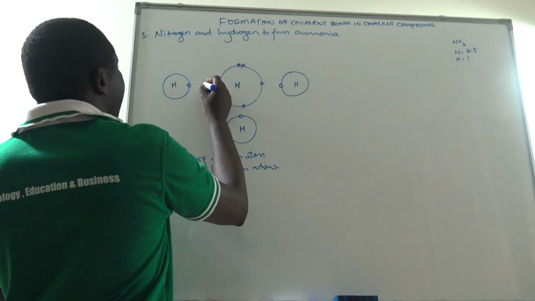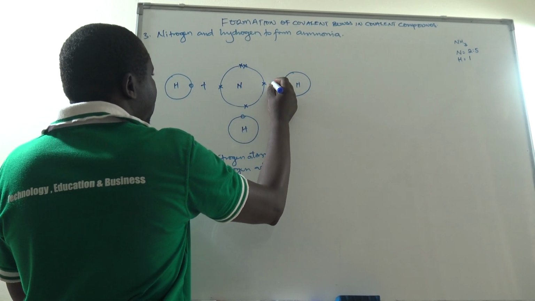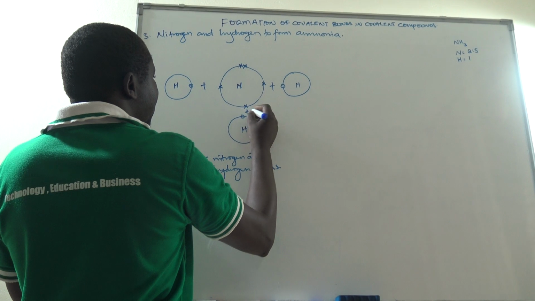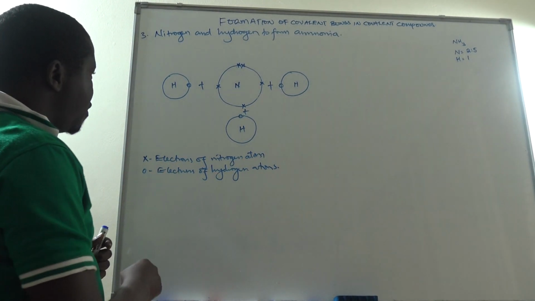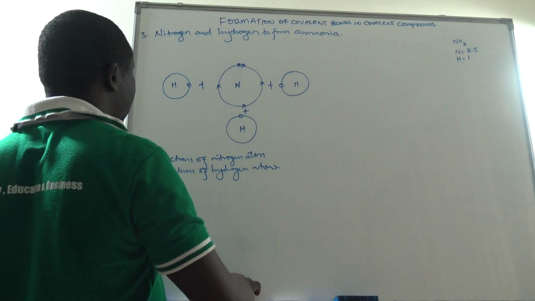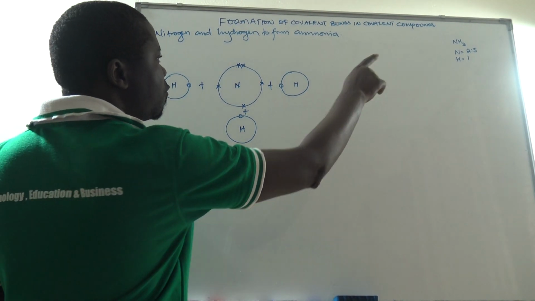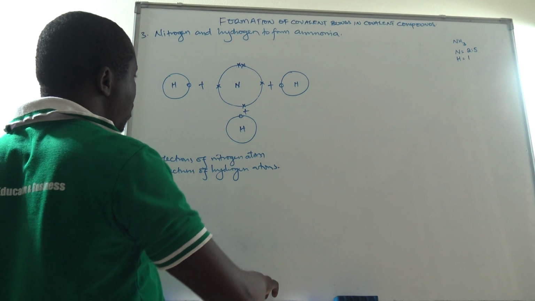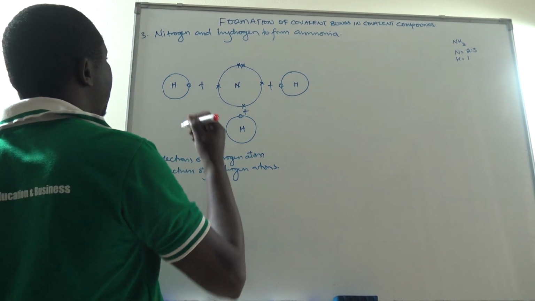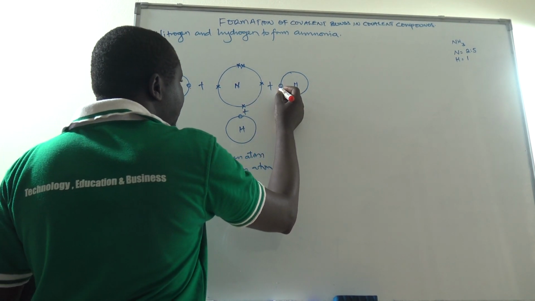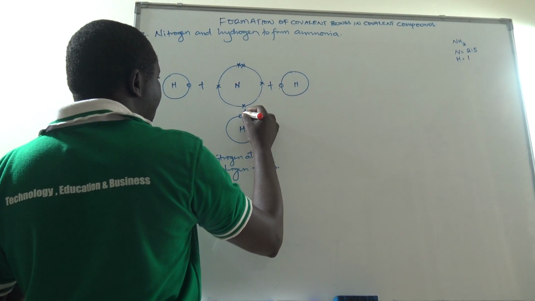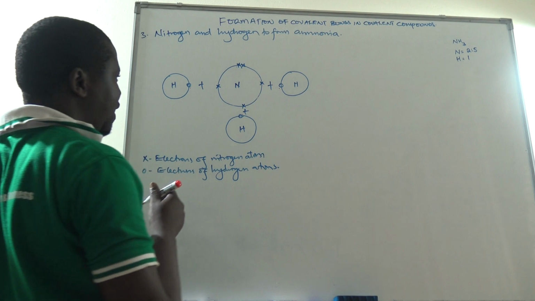We are adding them together as we have been doing. In this case, hydrogen has got a valency of 1. So we expect it to contribute 1 electron for bonding. Then this hydrogen atom also gives 1 electron for bonding, and this hydrogen atom also gives 1 electron for bonding.